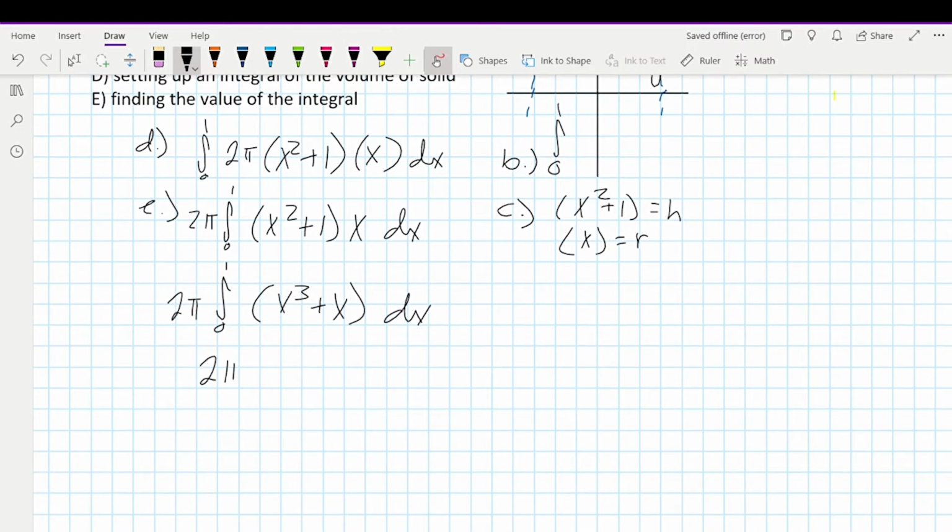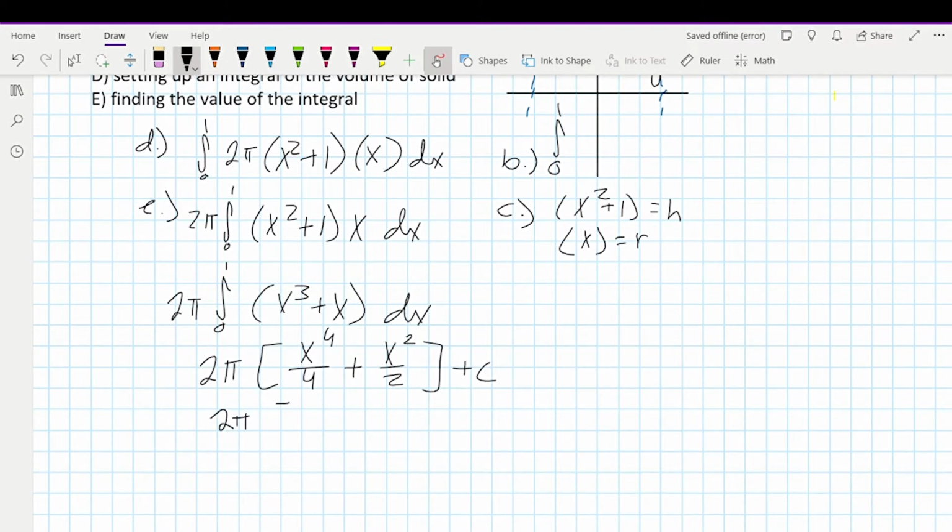So rewriting this, we have 2 pi, and now to integrate, you put x to its power plus 1, so that's going to be x to the 4th over n plus 1, which is 4, plus this x, which is already x to the first, so your n plus 1 will make it x squared, over 2, plus c.